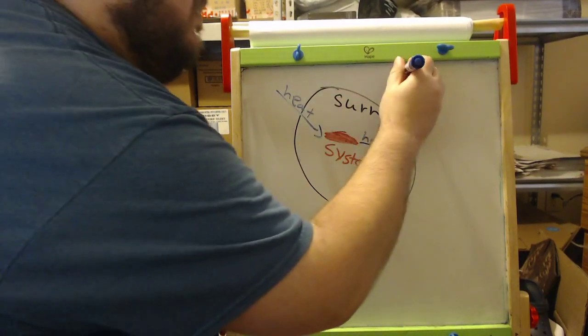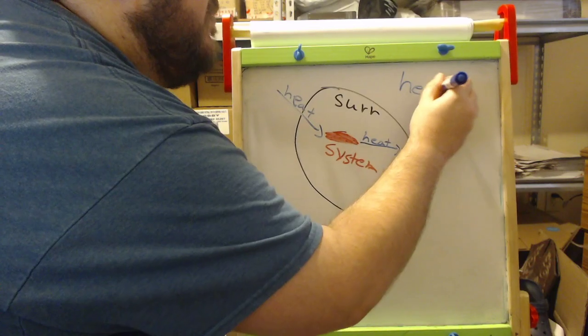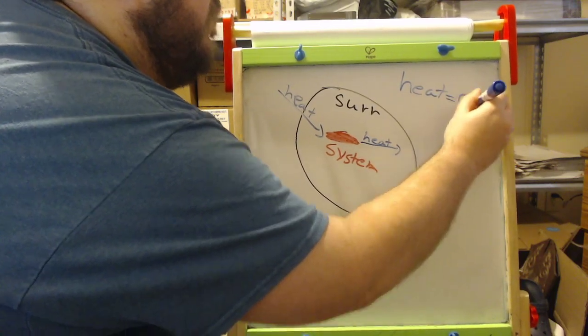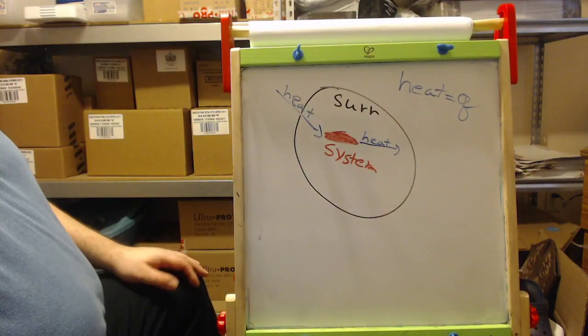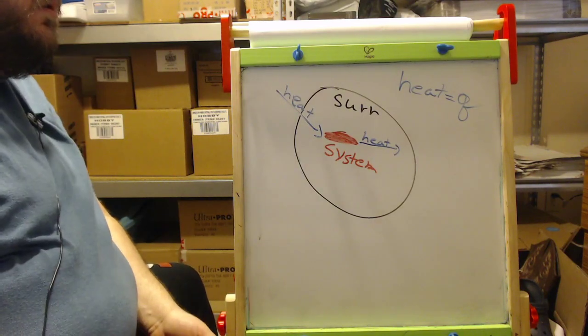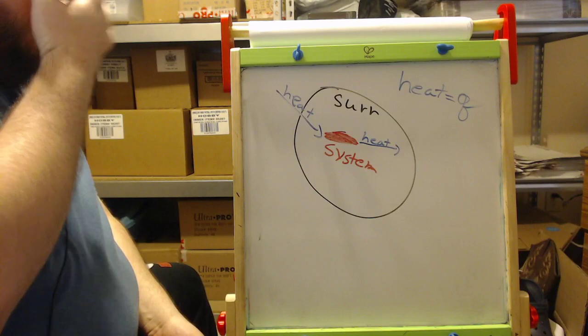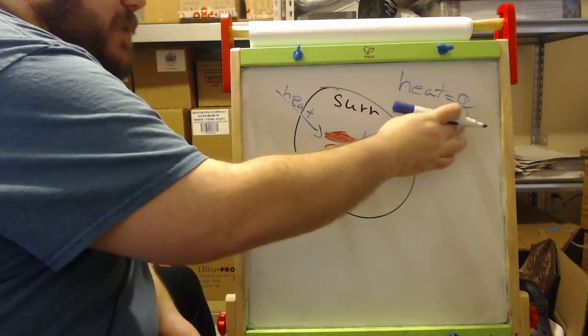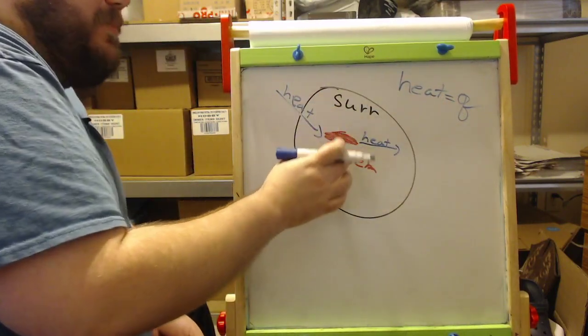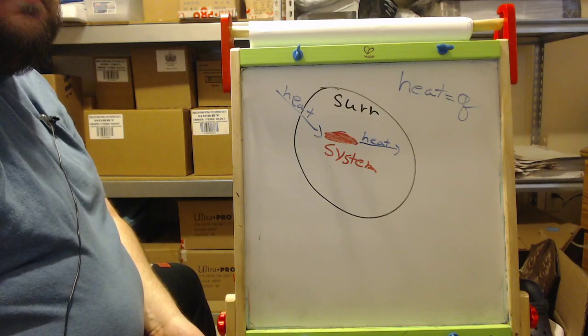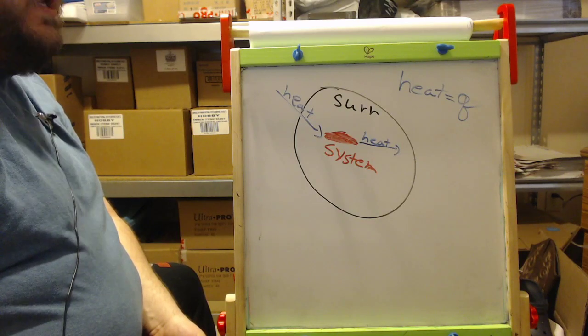Now, the shorthand letter that's used for heat is Q. Q means heat. Everything we study about Q is what happens to the system. Okay?